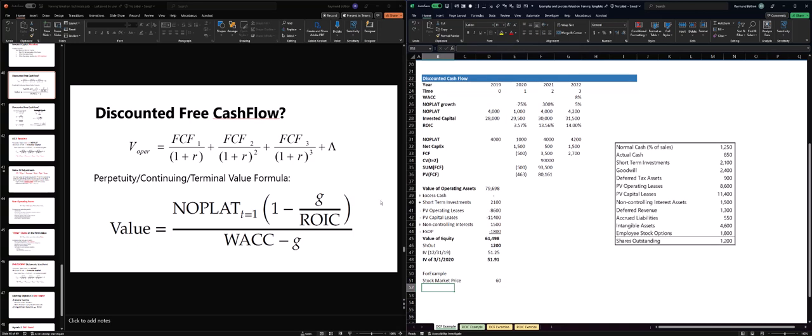Well, your value is $51 or $52, but it's trading at $60. You don't want to overpay, so you basically don't want to buy the stock because it's too expensive, right? So let's just calculate the downside or upside, and then margin of safety.